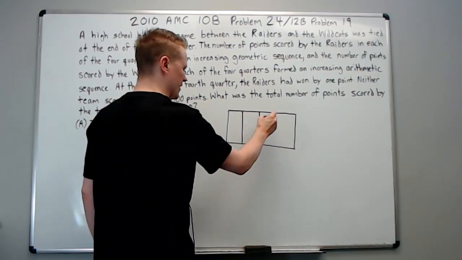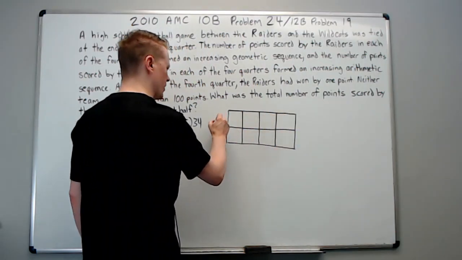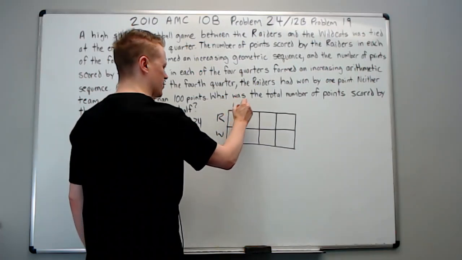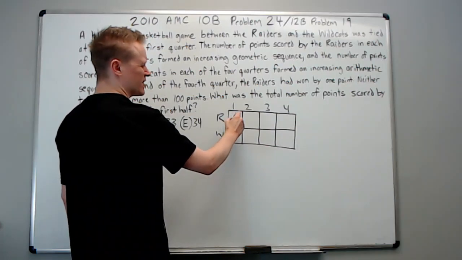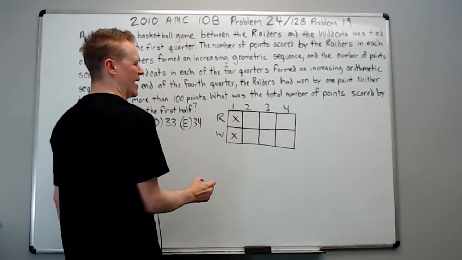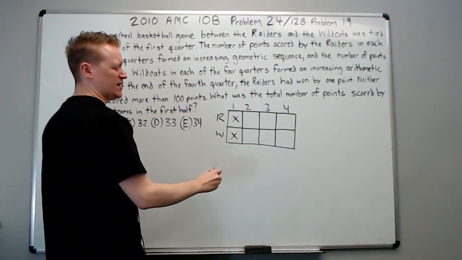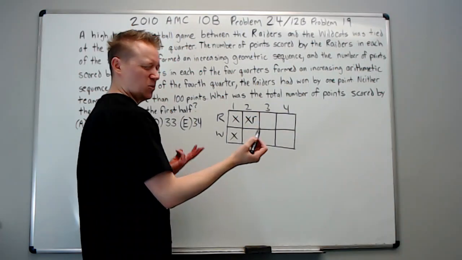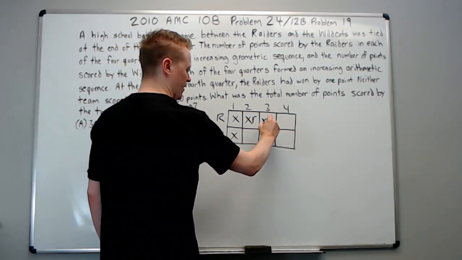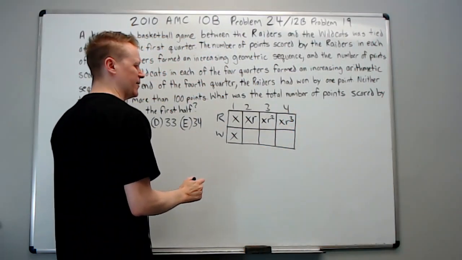Maybe this week sometime. So this will be the Raiders and this will be the Wildcats, first, second, third, fourth, four quarters. It says they were tied at the end of the first. Let's put X. Then it says the Raiders' scores form an increasing geometric sequence. So X times the common ratio, whatever it is, then times the common ratio again, then times the common ratio again.